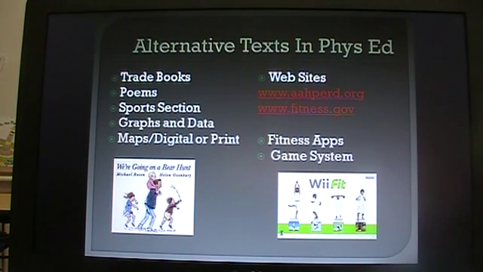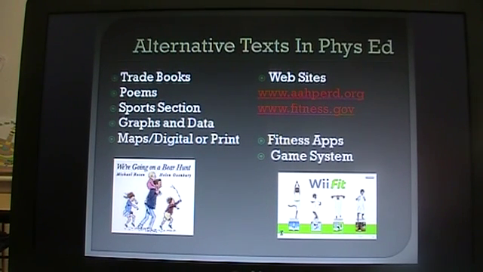Also, technology, as we know, is everywhere. And a lot of students view technology as being fun and rewarding and can be very motivating. Students can use the websites listed here to do certain research. They can look for topics or research maybe dance and report back on it.